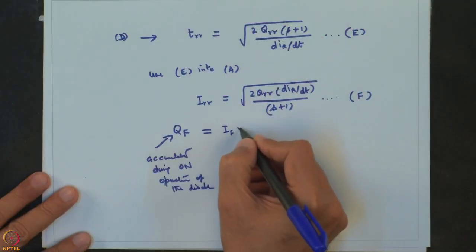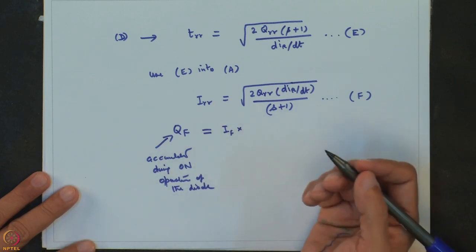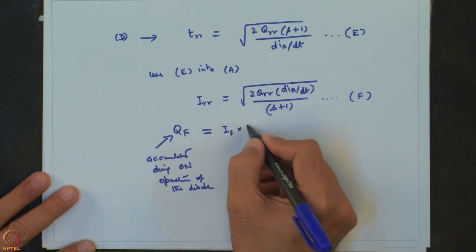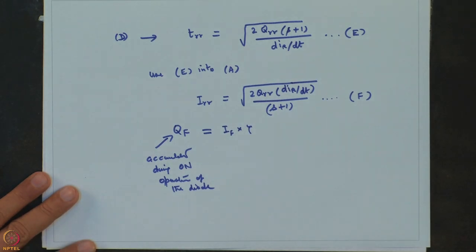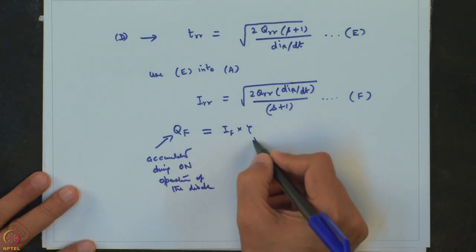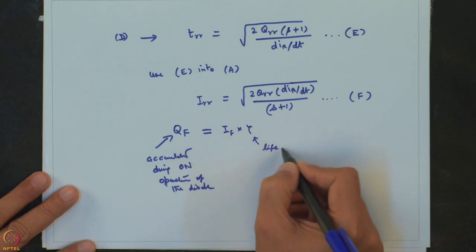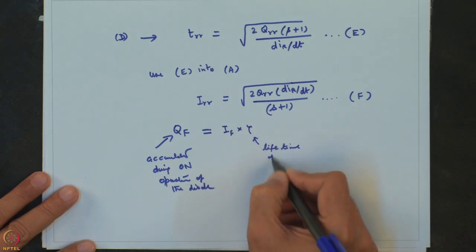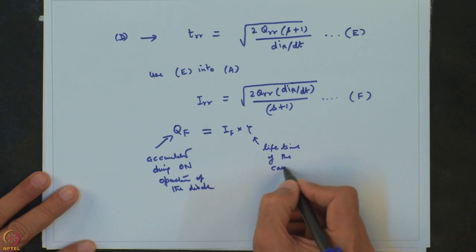So this QF we can show is nothing but the forward current into tau, where tau is the average lifetime of the carrier.